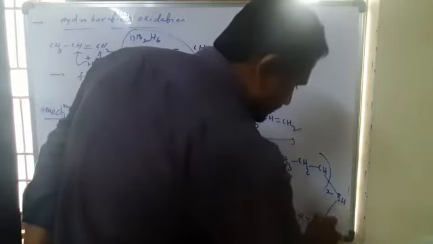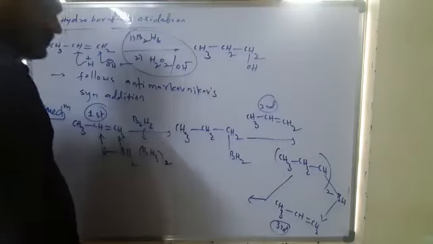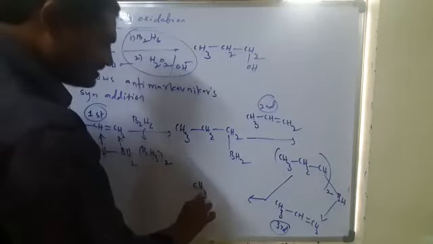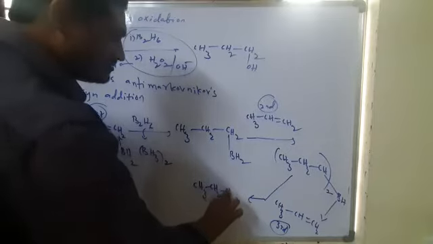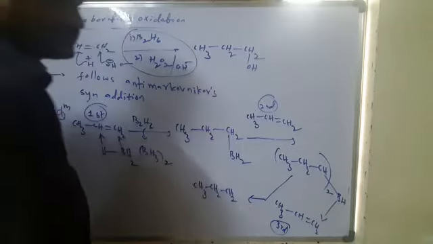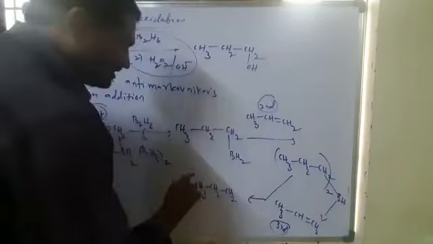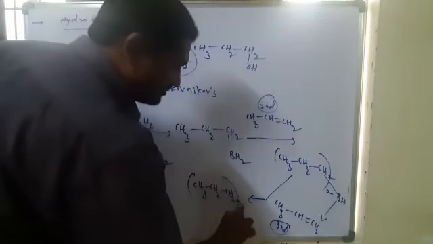Again B will attack at the end and H attacks the middle. So we will get 3 parts, CH3, CH2, CH2. Okay, taken 3 times with boron.